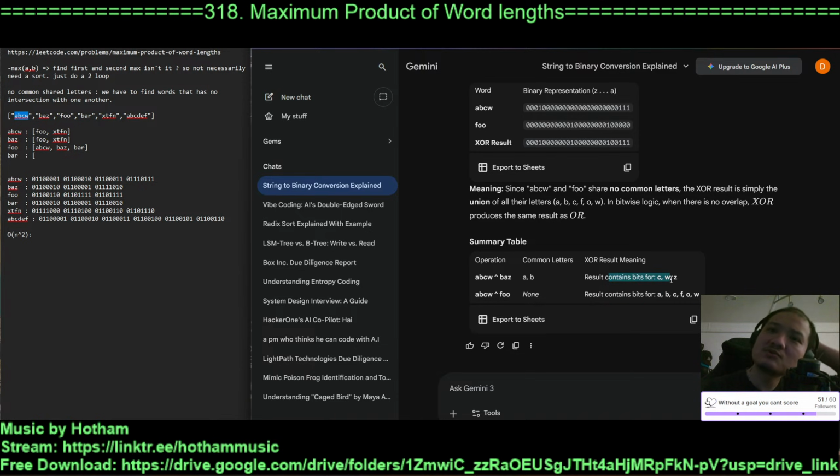Wait, is XOR the right approach though? Because these share the B in A. Right. So then it would just give you CW. So, oh no, CWZ. Right. Which doesn't seem like a good way to figure out if we found that they have common letters, right?